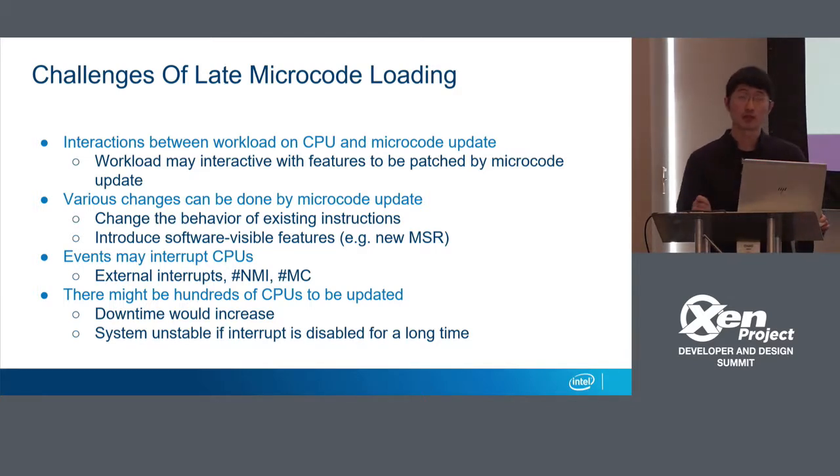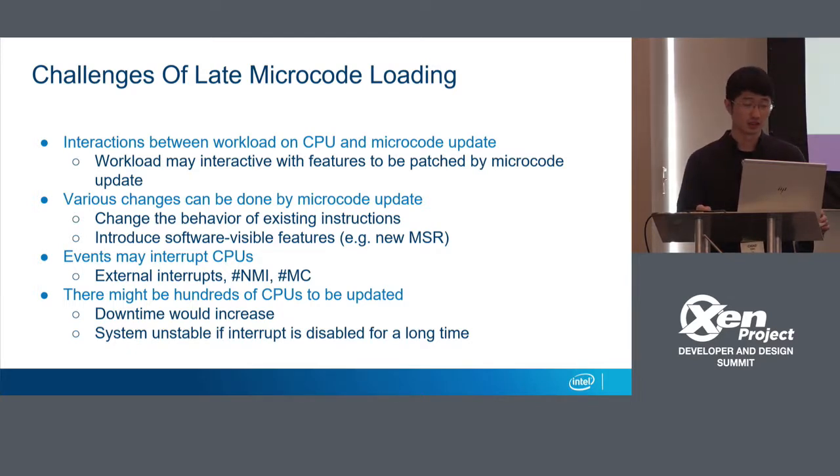Generally, when you try to live patch your system, your hypervisor or your OS, and you patch a specific function, you don't want it to be in use while you update it. It's the same for updating microcode. Workloads may interact with features to be patched by the microcode update, so we shouldn't use them.